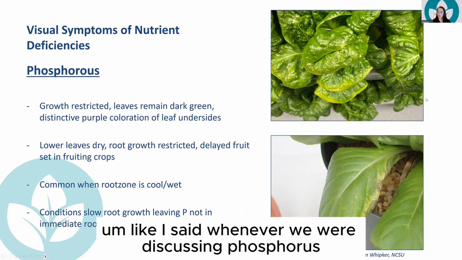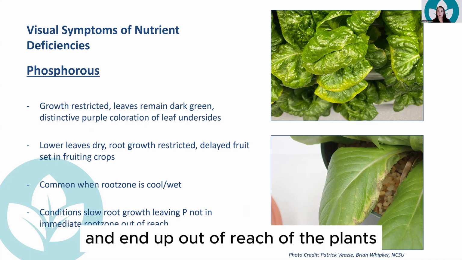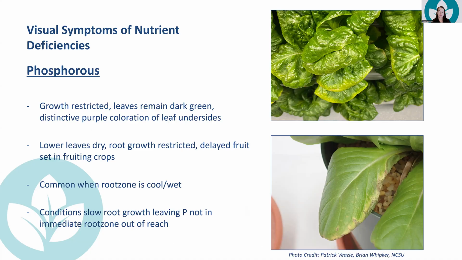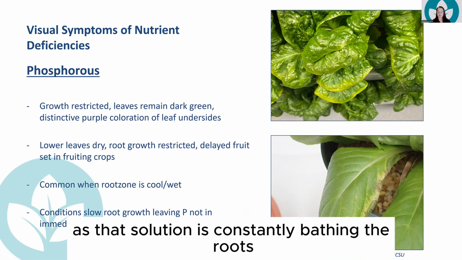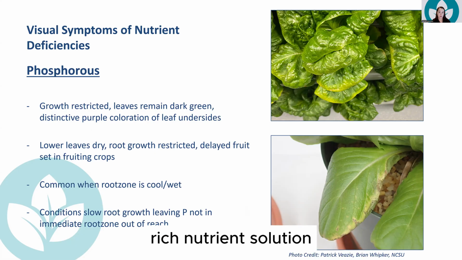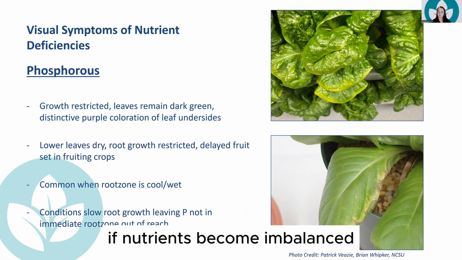Like I said, whenever we were discussing phosphorus in a true soil system, phosphorus can bind with the soil and end up out of reach of the plants. This isn't usually a concern in hydroponic systems, as that solution is constantly bathing the roots with phosphorus-rich nutrient solution, but it's not impossible that you might end up with a phosphorus deficiency if nutrients become imbalanced.